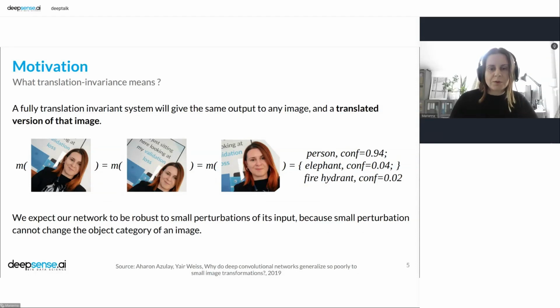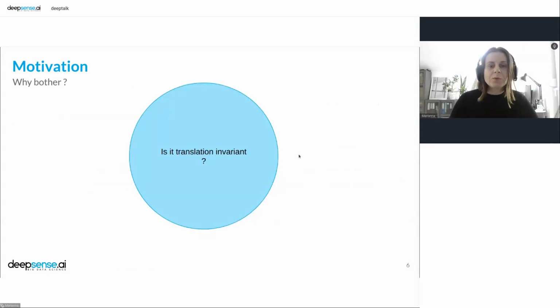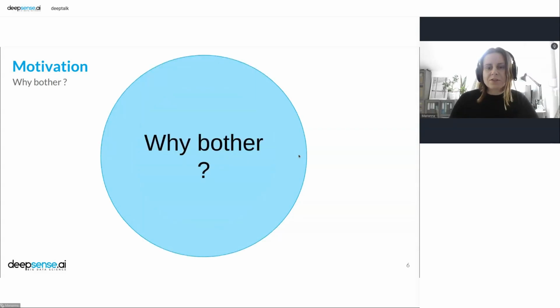We want our network to behave that way because no matter how the image was shifted or rotated, it is still a photo of a person. So we don't know if our network that seems to be fine is translation invariant. But is it actually important, and should we worry about it?